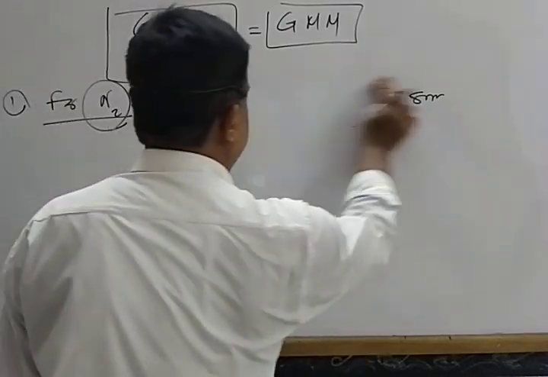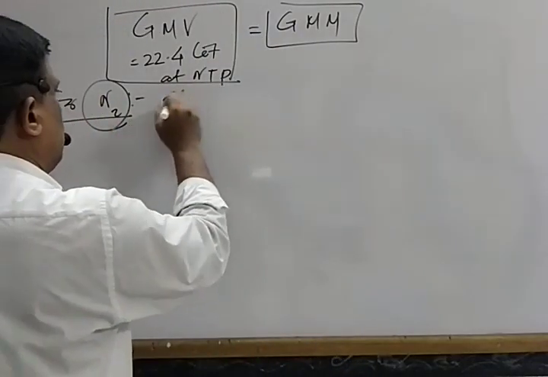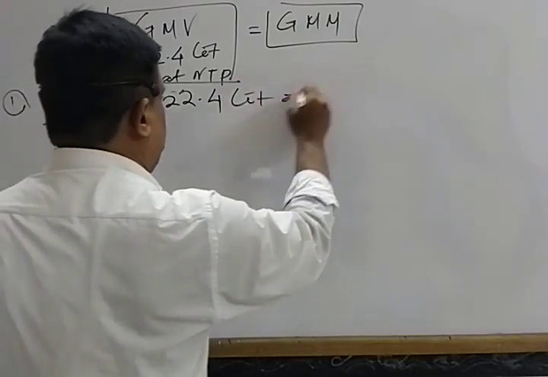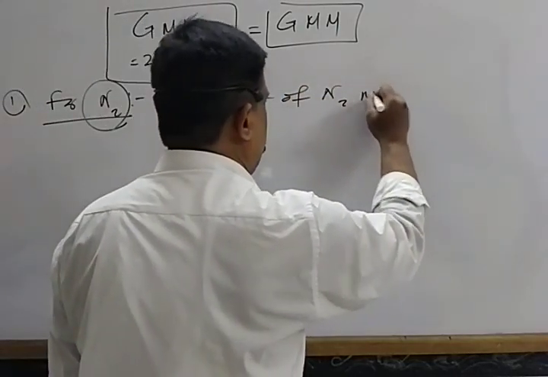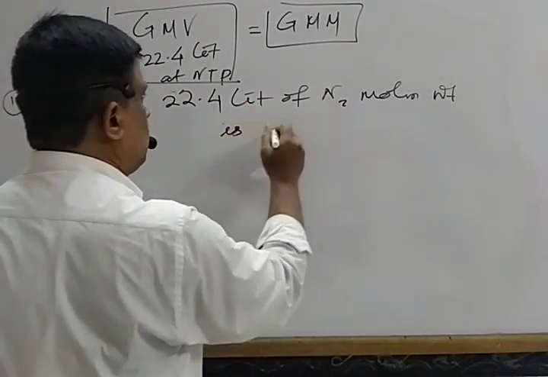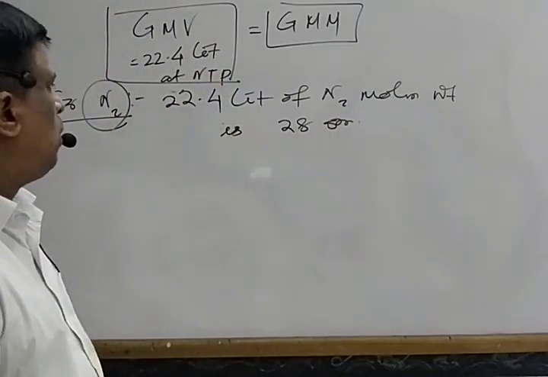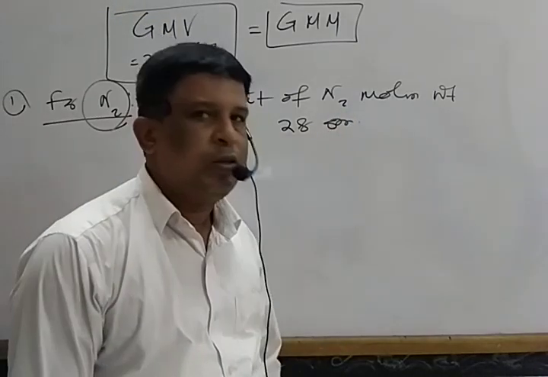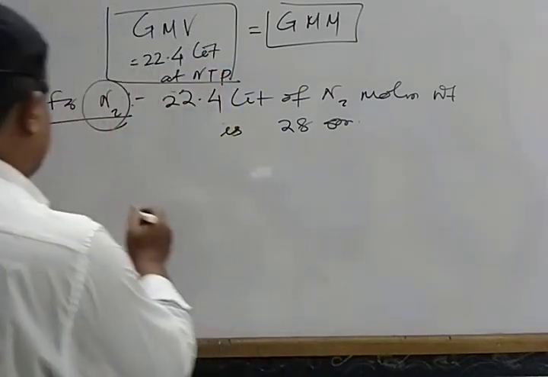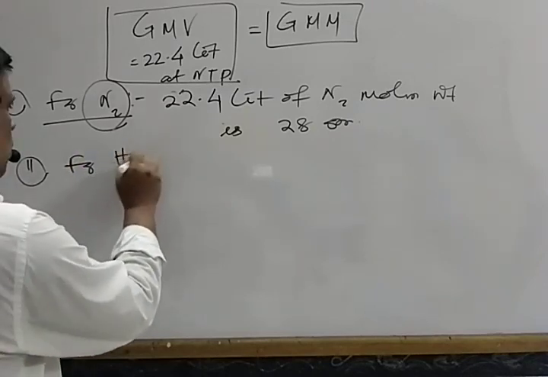Next for nitrogen, we have to focus on the volume. That means 22.4 liter of nitrogen molecule weight is 28 gram. The weight of 22.4 liter of nitrogen molecule is 28 gram. So friend, what is the question? Before that, another example is there for H2O.